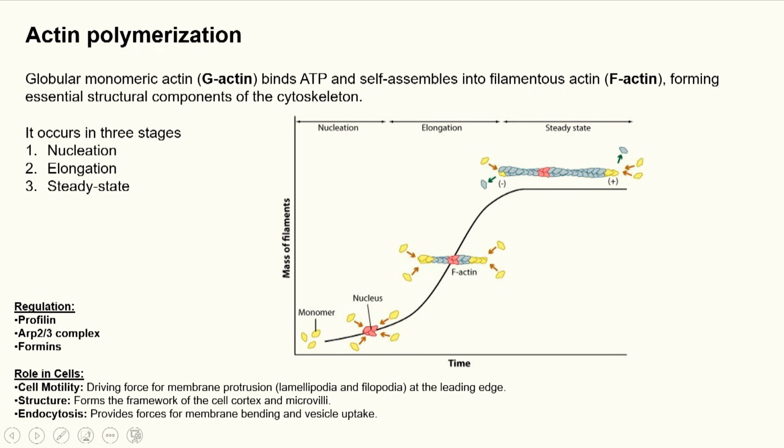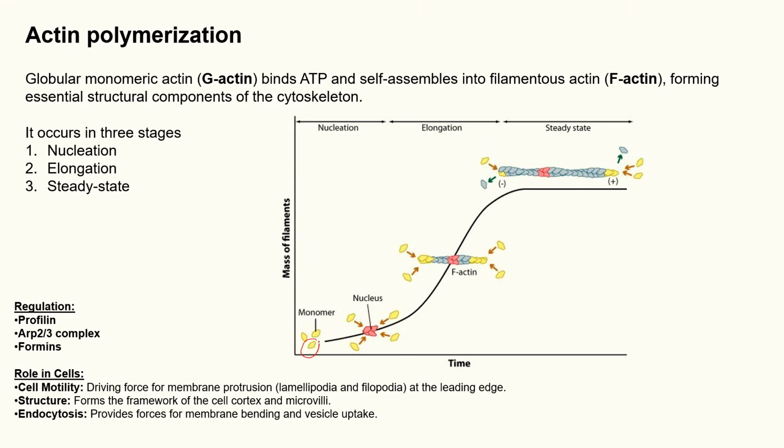So actin is actually a mixture of G and F. G is called globular actin. It's actually a monomer, so we have a single monomer. This is called G actin. And once these can bind to an ATP, it starts getting an aggregation.